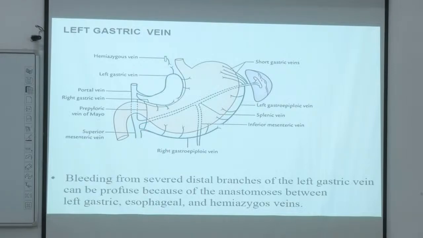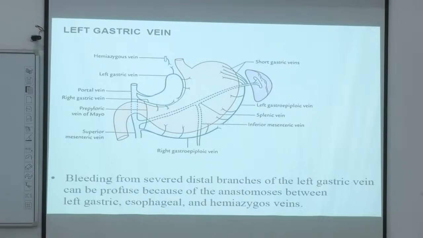This is the superior mesenteric vein. This right gastroepiploic vein is draining into the superior mesenteric vein. Then this splenic vein and superior mesenteric vein join to form this portal vein. Okay, the portal vein enters the liver by passing through the right free margin of the lesser omentum.